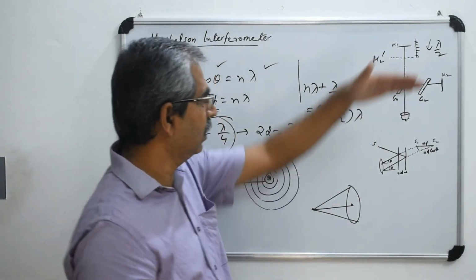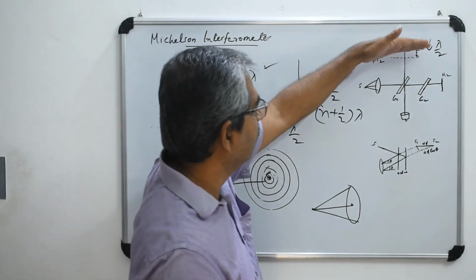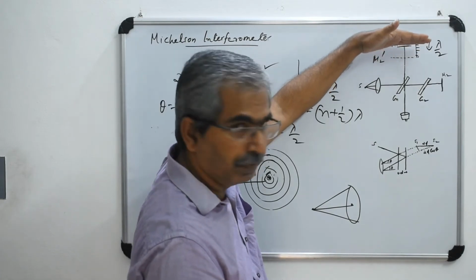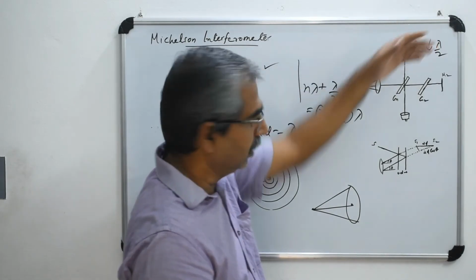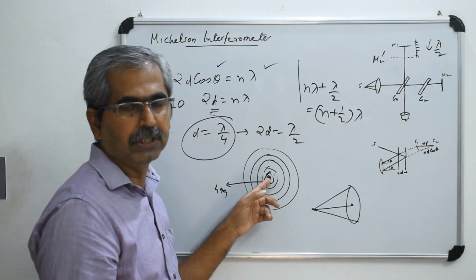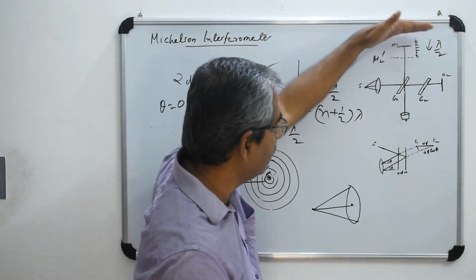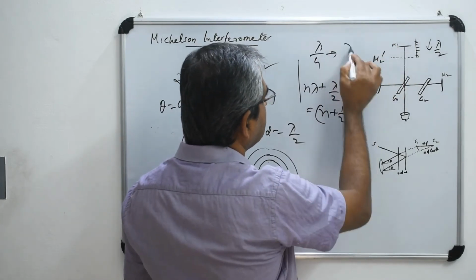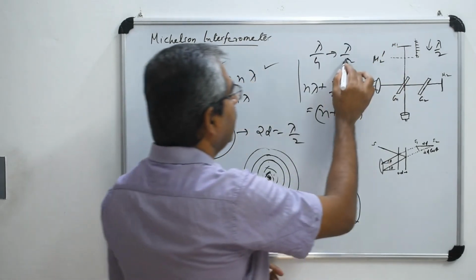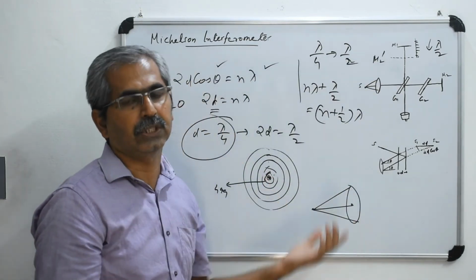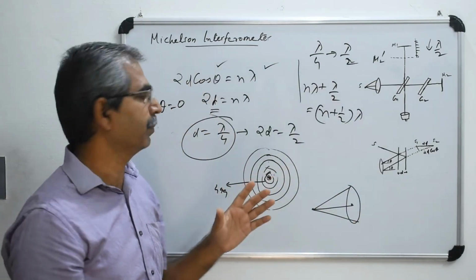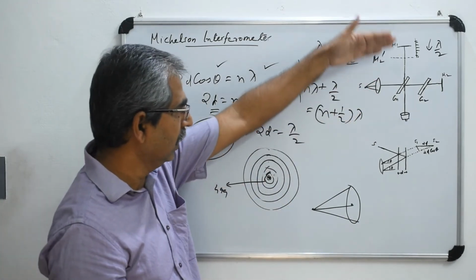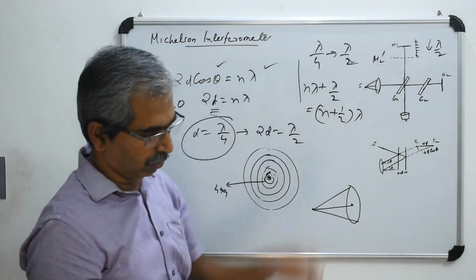So if you are starting to move this M1 slowly, you reach initially lambda by 4, then the dark spot is replaced by a bright spot. Again you are moving it, you reach lambda by 2. What will happen? Again at the center, the next dark spot will be observed. Okay, so this is how the fringe system changes when you move the mirror M1 inward or outward.